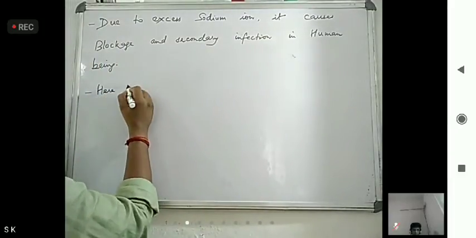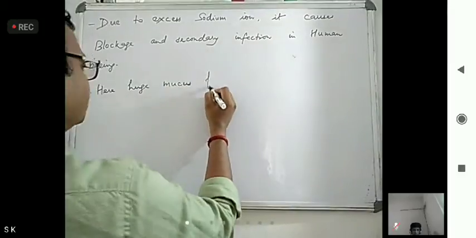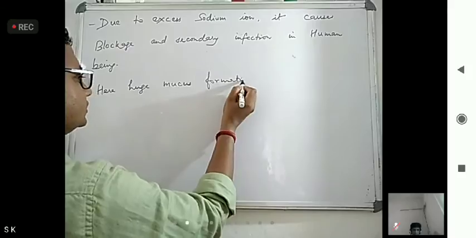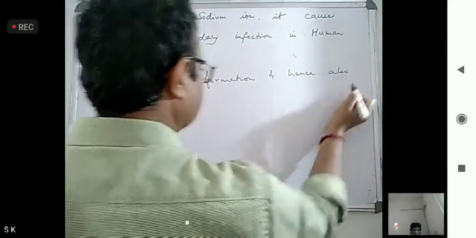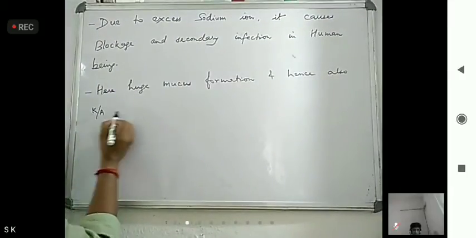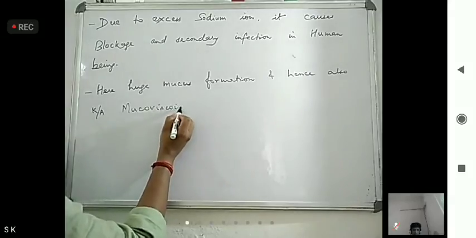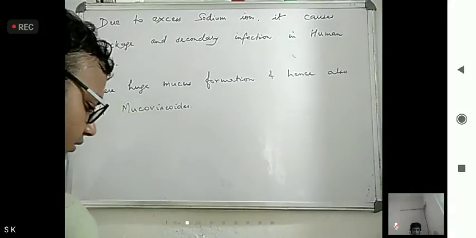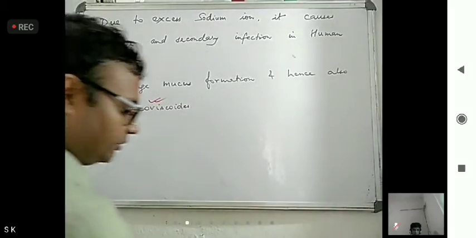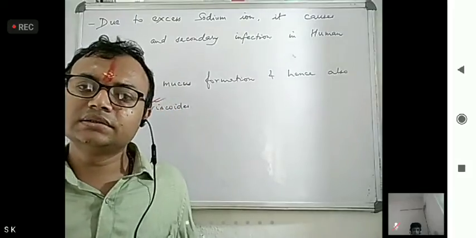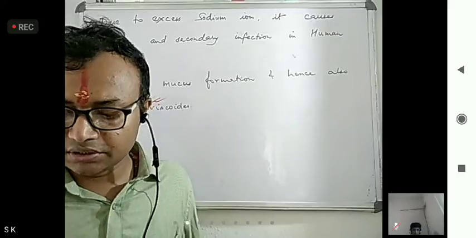Here huge mucus formation occurs, and hence it is also known as mucoviscidosis. This is nothing but a chloride ion imbalance mechanism in cystic fibrosis.